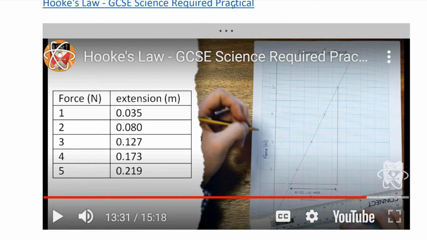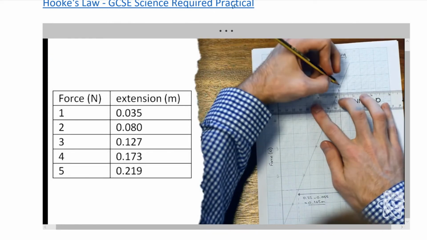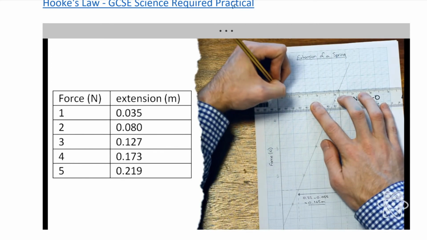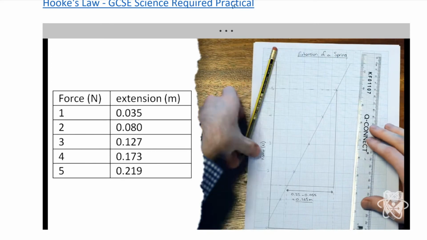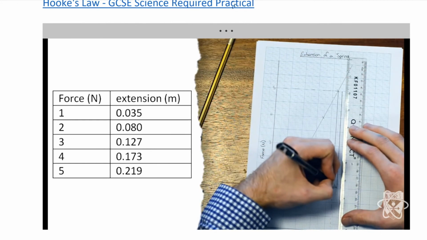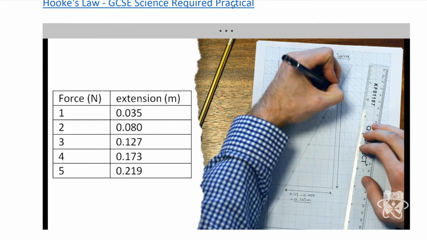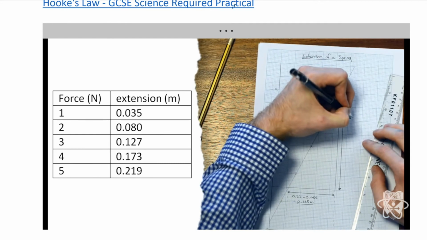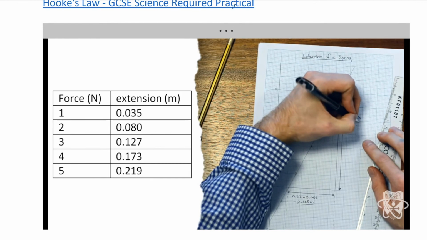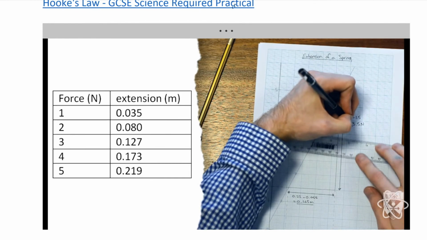It's up to you. 5 newtons up at the top. We're going across here, and that lines up nicely with the 5 newton mark. So the height of the triangle is the difference between 5 newtons minus 1.5 newtons, gives us a height of 3.5 newtons there.